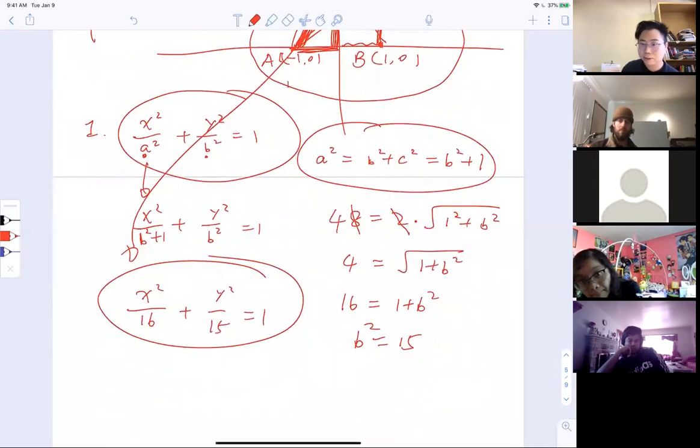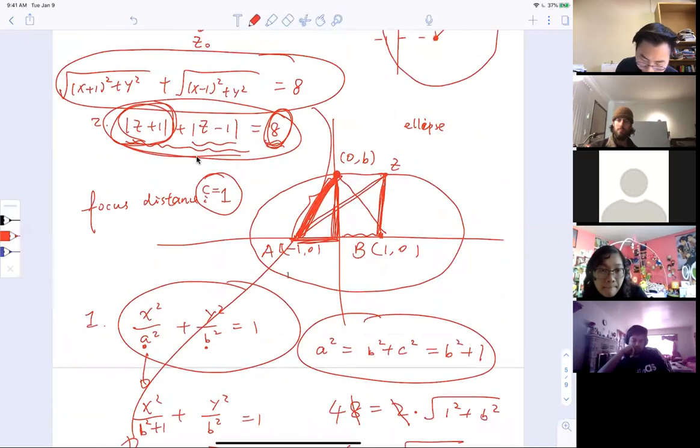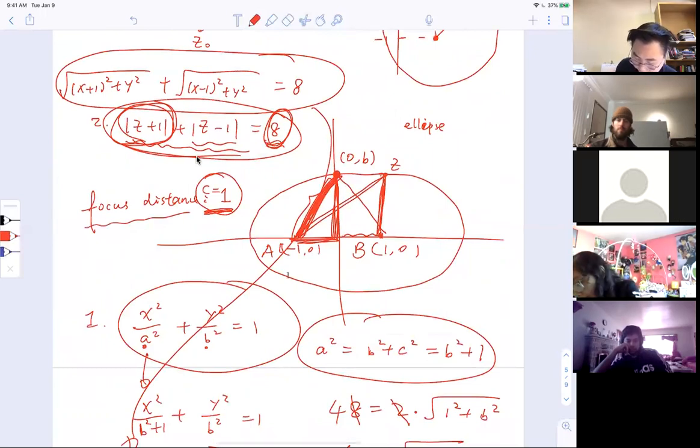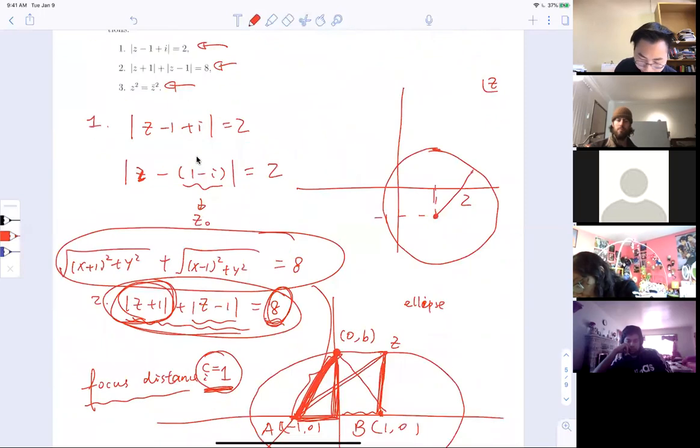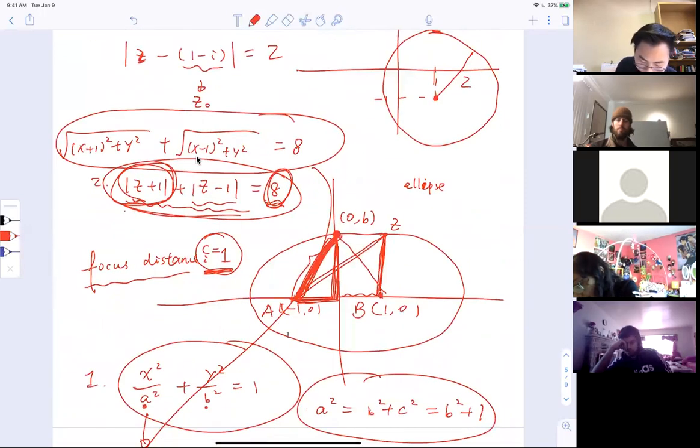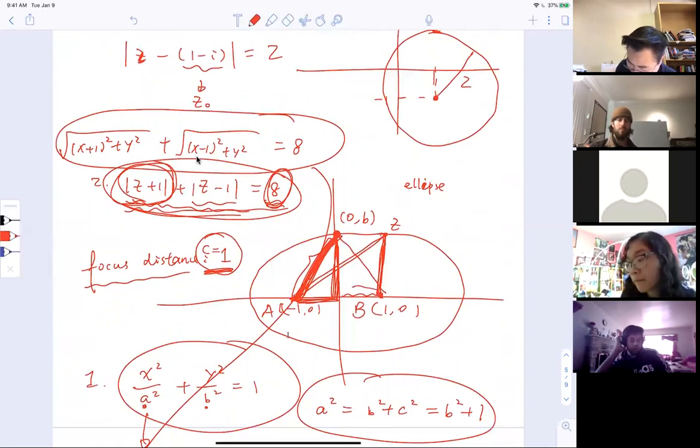Quick question. Sure. How were you able to determine that the focal length was 1? That C was equal to 1? I think that's the definition of the focal point, because we are saying the distance is from the point z to those two points, and the C corresponds to the distance from this fixed point to the origin, which is 1.